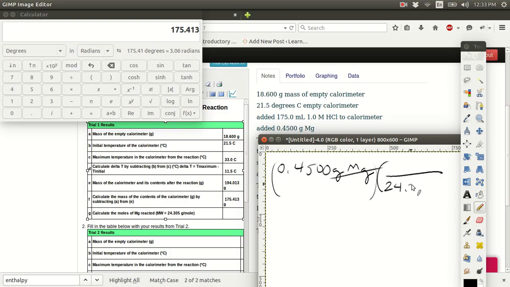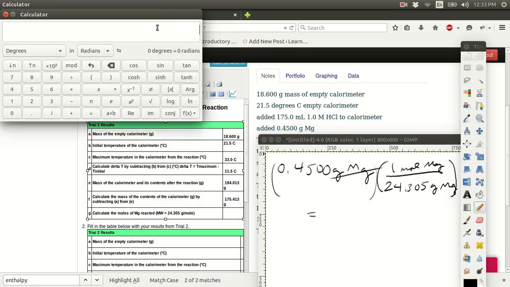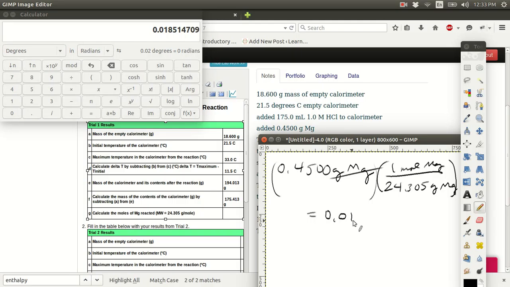So I know that there are 24.305 grams in 1 mole of magnesium. So if I do that on the calculator, I get 0.01851 moles of magnesium.